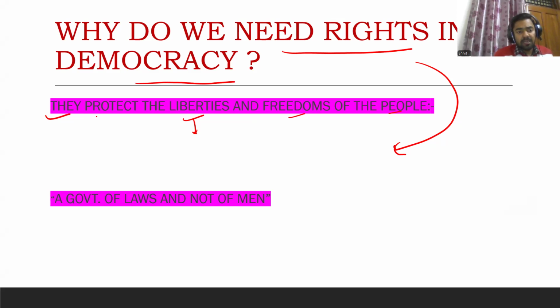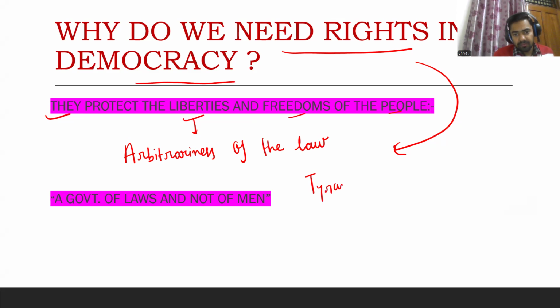The main purpose is to prevent the people from the arbitrariness of the law, and from the tyranny of the executive.